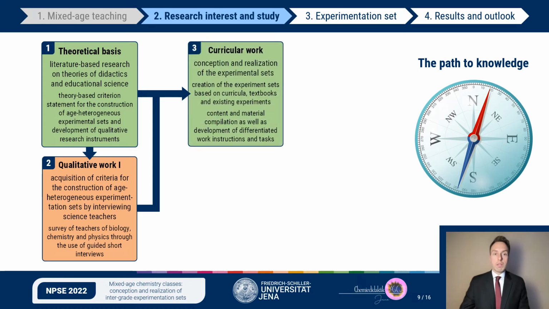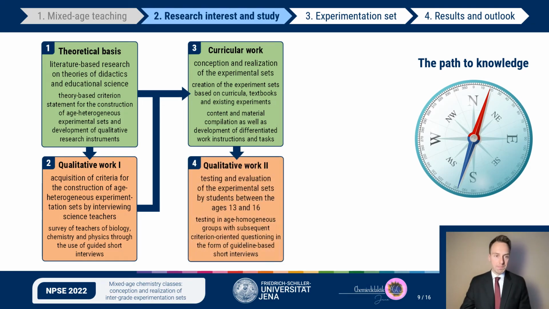These 2 steps formed the groundwork for the actual curricular work, which focused on conception and realization of the experimental set, based on curricular textbooks and already existing experiments. Finally, another step of qualitative work followed. The focus here was on the testing and evaluation of the experimental set by students between the ages of 13 and 16.